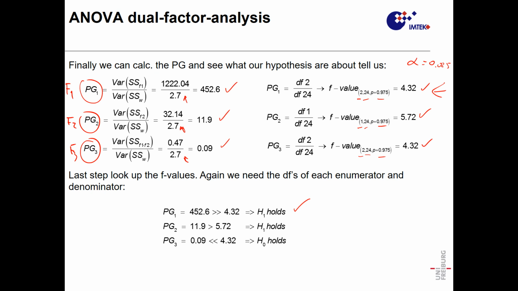So the production line, again, is influencing how the agent is coming out. 11.9 is actually larger, not so much larger, but it is larger. So we say that the pH is also affecting the agent. As for whether the two factors are interacting, 0.09 is much lower than our critical value, 432, so they are not interacting, and it is not significant.